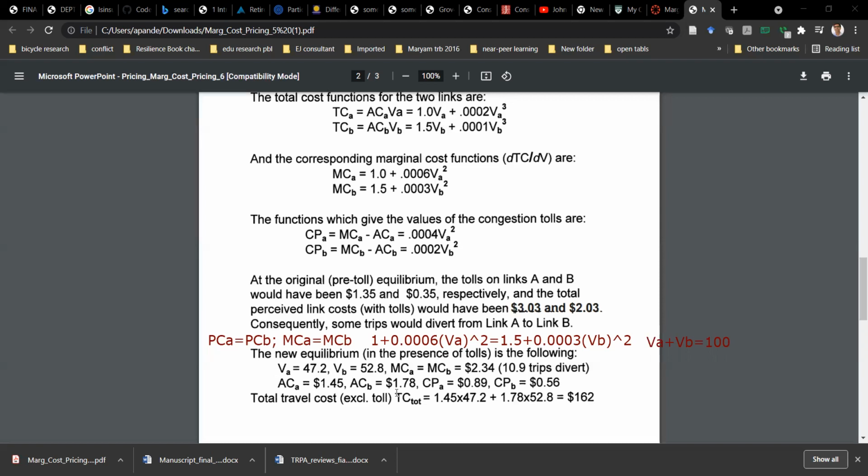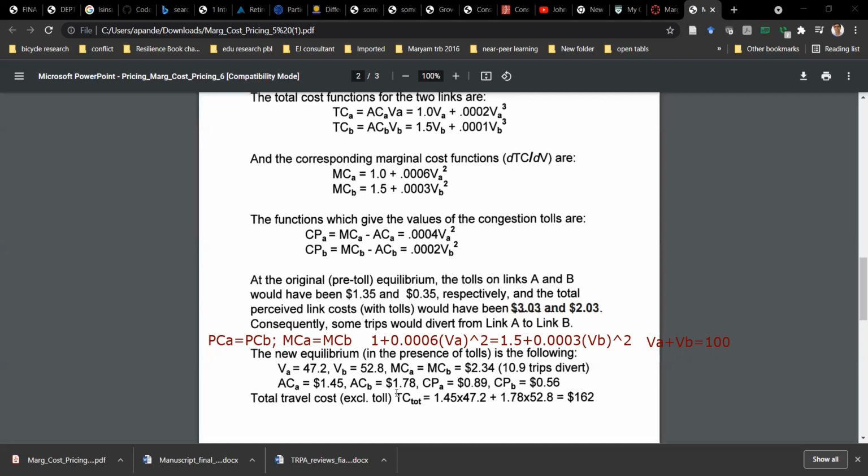We used to be at $1.68 on route A. When we were looking at user equilibrium, both routes had equal average costs. It used to be 168, but now the average cost on route A has gone down because the trips have been diverted to route B. And on route B, the cost is 178. It has gone up some.